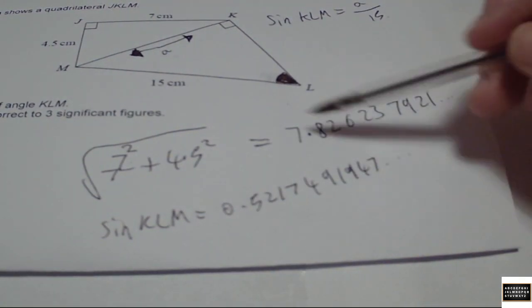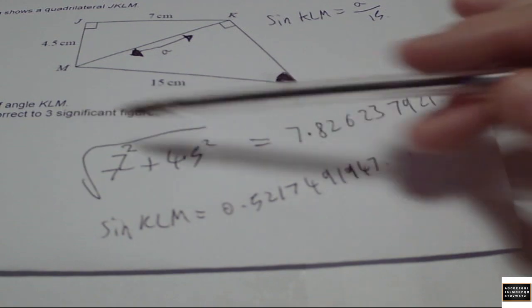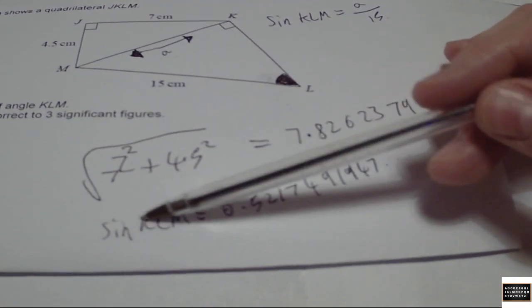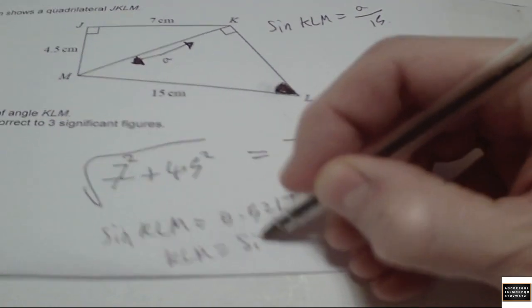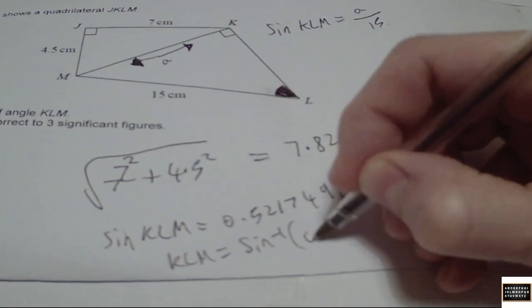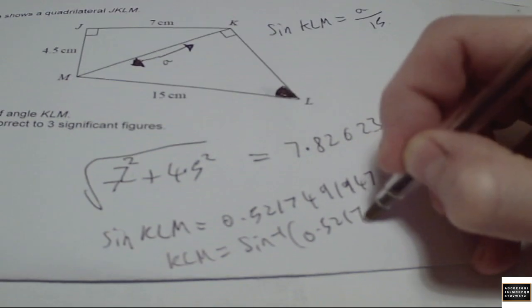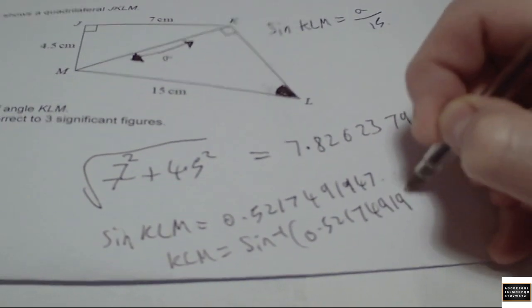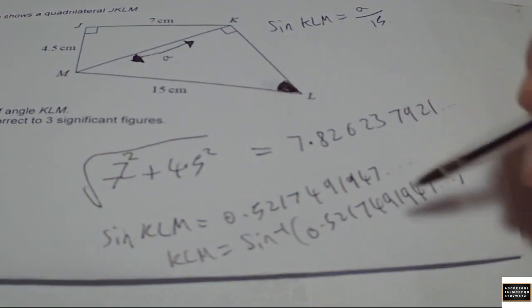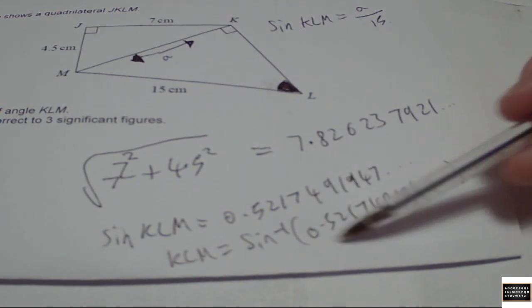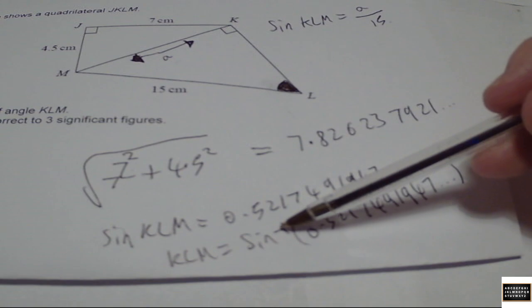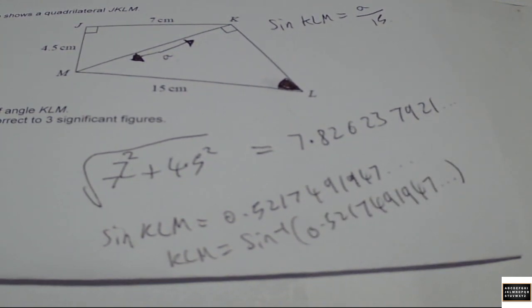Now, unlike the previous question, this one is asking for the angle, so I'm going to be doing an inverse sine of this horrible 0.5217. It's important to get your presentation right, so do learn how to write these out in brackets. I've seen lots of mistakes, people writing the format wrongly. You're going to do inverse sine of all this stuff here. Your calculator can do that all in one step.